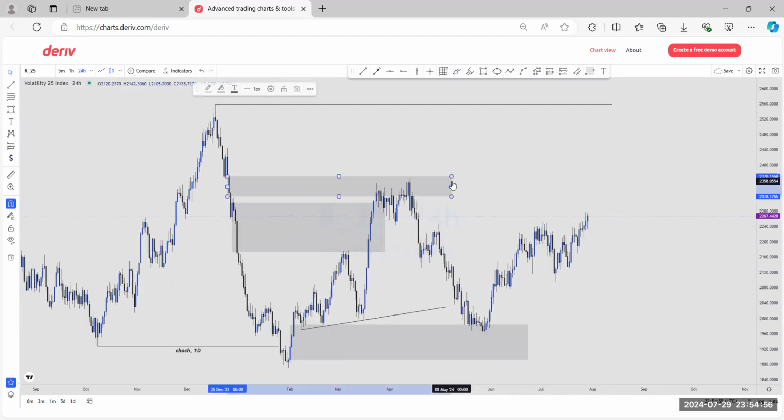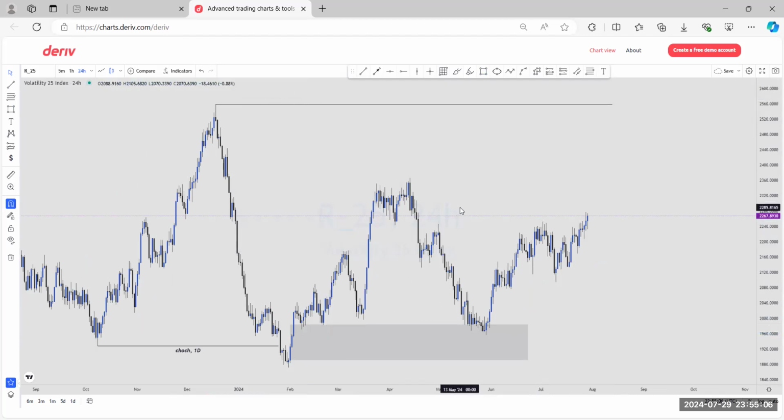So now, what I'm thinking right now is, let me clean up the chart a bit. Good. What I'm thinking right now is some people will mark this area as what? A liquidity sweep and a market structure shift here.